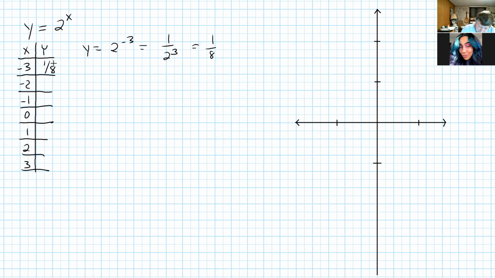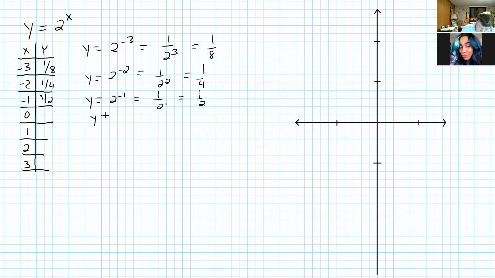If x is -2, y equals 2 to the -2 power, which is 1 over 2 to the +2 power, or 1 over 4, 1/4. If x is -1, y equals 2 to the -1 power, which is 1 over 2 to the +1 power, or just 1 over 2, or 1/2.